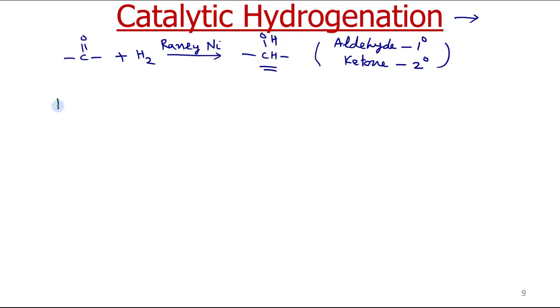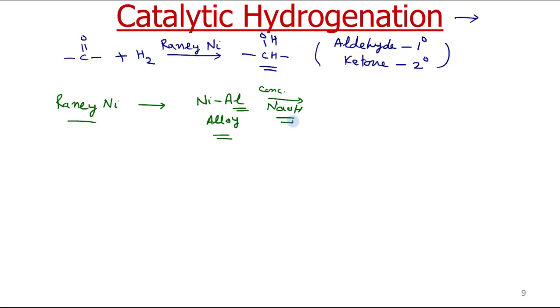Now I have introduced a term, Raney nickel. Let us learn what Raney nickel is. It is obtained from the reaction between nickel and aluminium alloy. A combination of two metals is called an alloy. When we add concentrated NaOH to it, the aluminium dissolves, or reacts with NaOH, and we are left with powdered nickel.